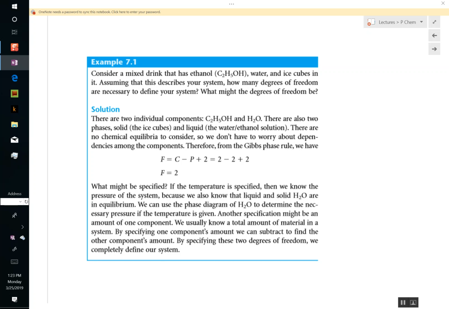So you've got a temperature, and let's say you're given the mass of the system, or the mass of water, or one other component in the system, and you would actually have defined enough things to ferret out a lot more information about the system.